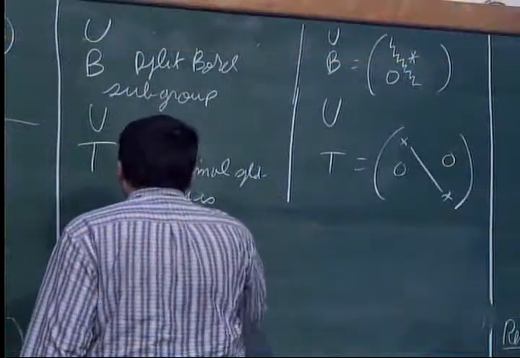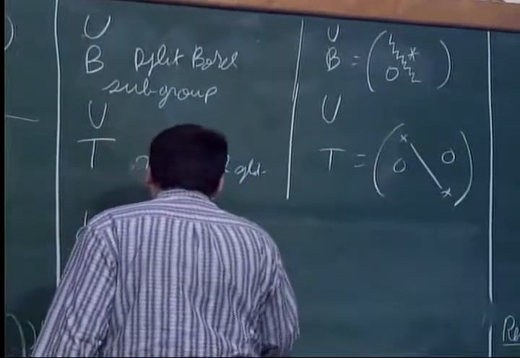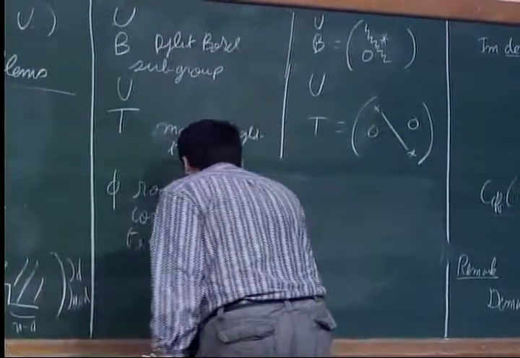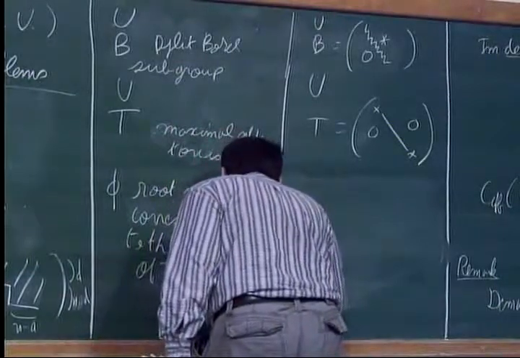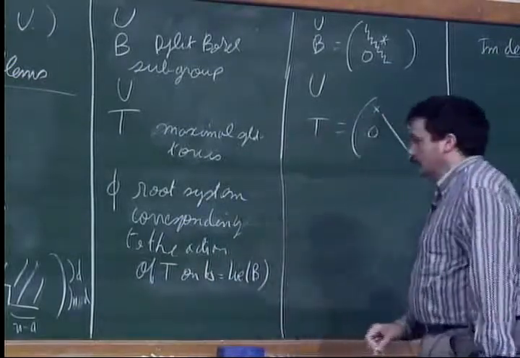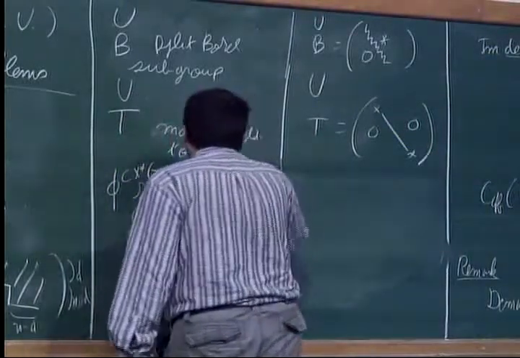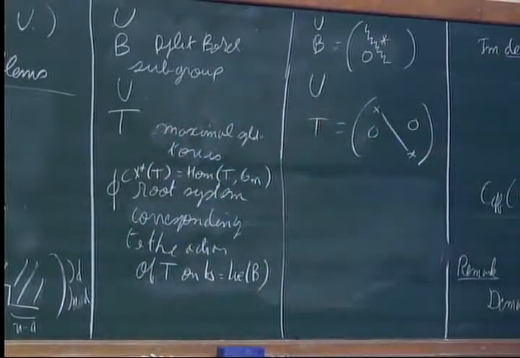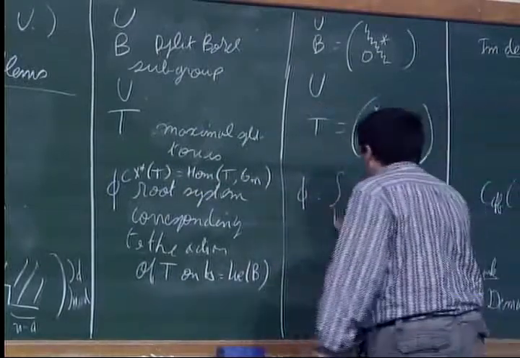So phi will be the root system corresponding to the action of T on the Lie algebra of B. And phi is contained, in fact, in the group of characters, that is, the morphisms from T to G.